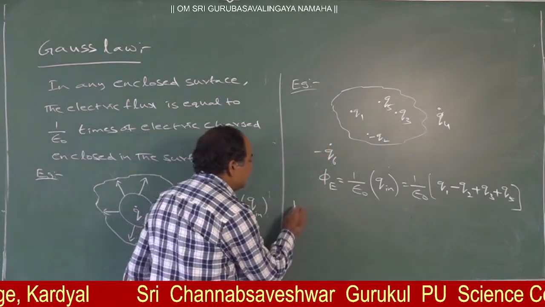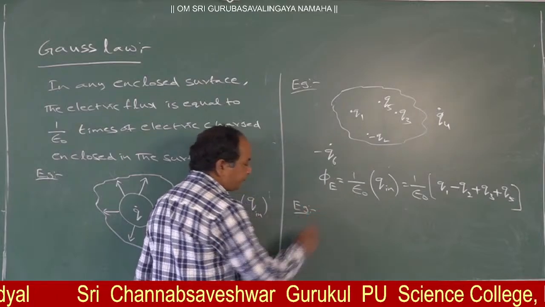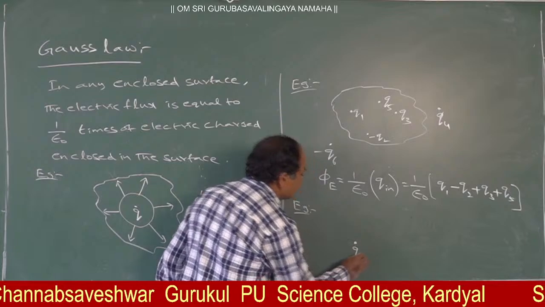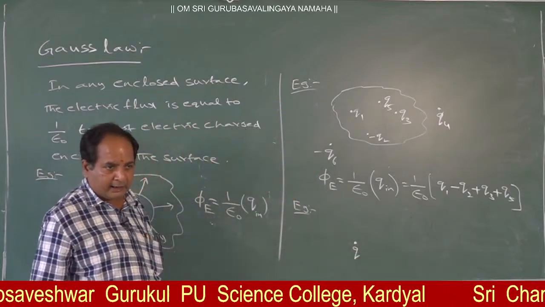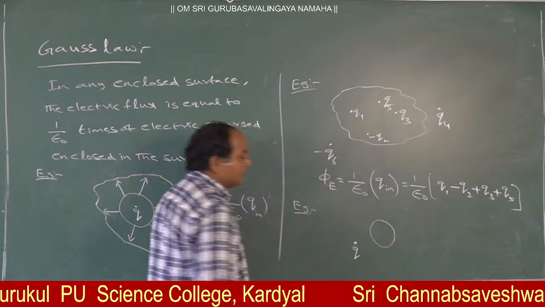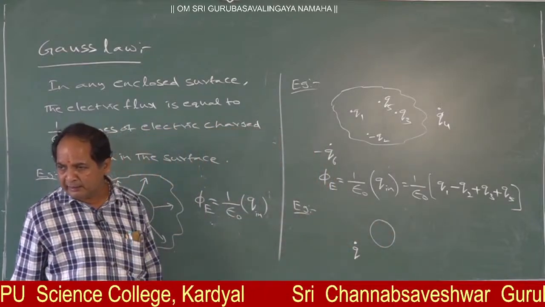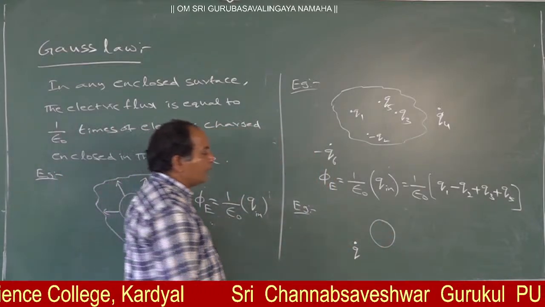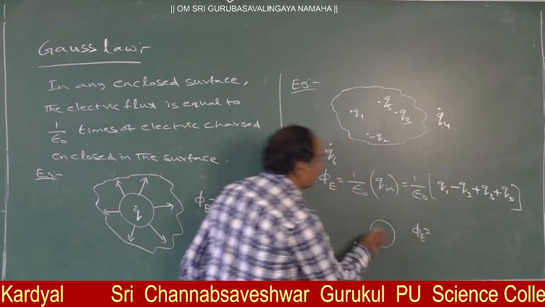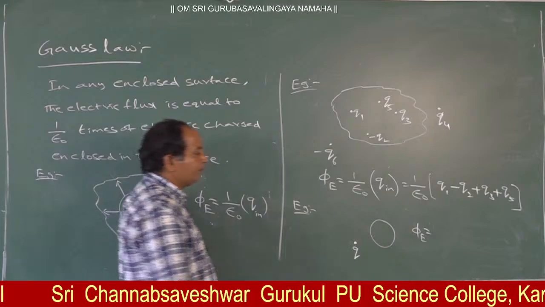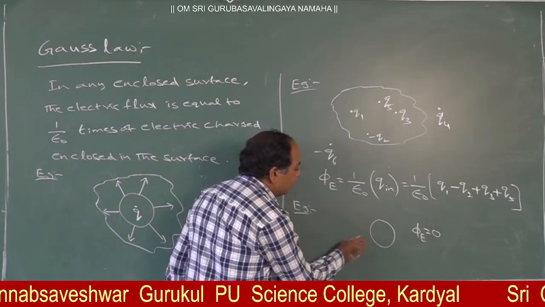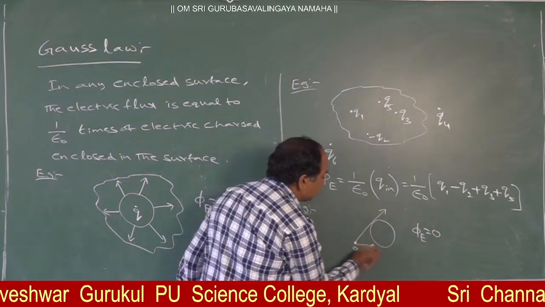Similarly, let us see another example. Suppose a Q charge is there, and here one sphere is there. Now, what is the flux through this sphere? It is 0. Even though the charge is there outside, the field lines are like this.